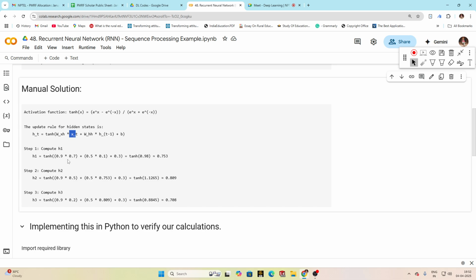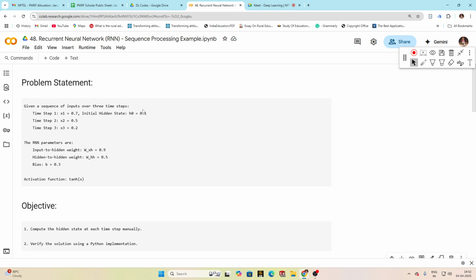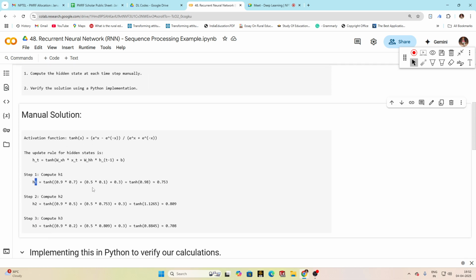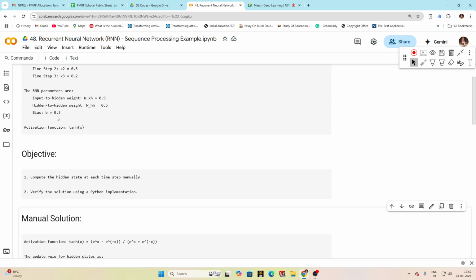So h1 will be equal to wxh times x1 plus whh times h0. h0 is given, 0.1. So 0.9 times 0.7, plus 0.5 times 0.1, and we have the bias, which is given as 0.3.